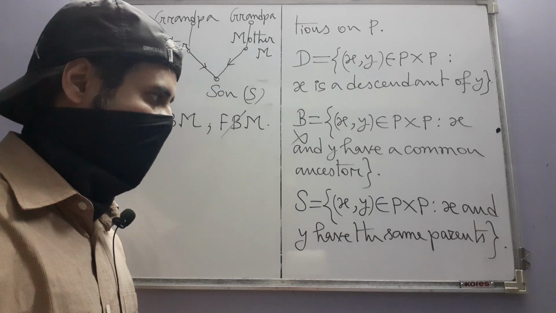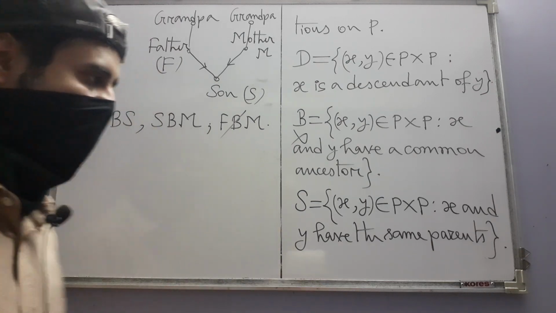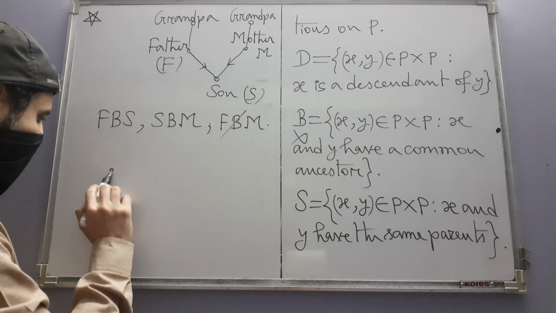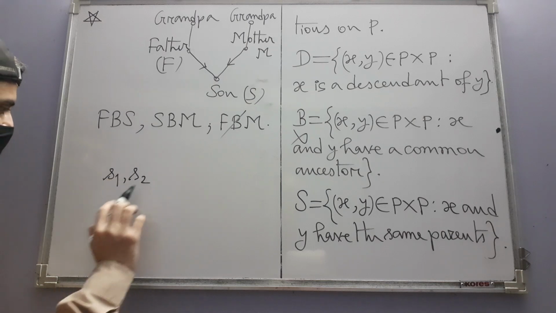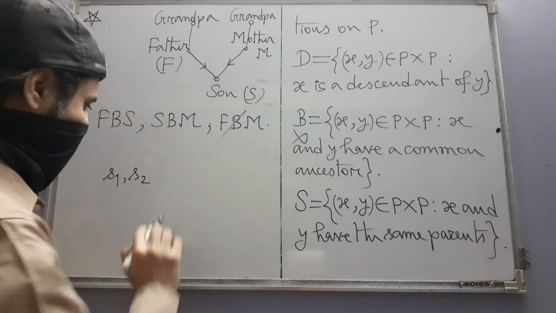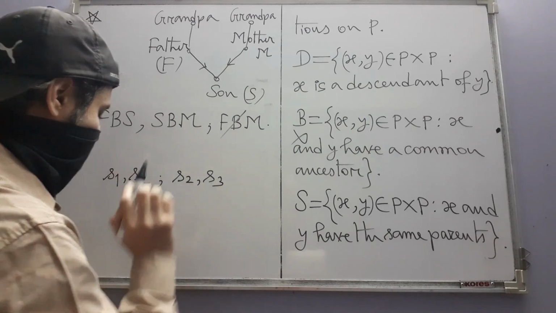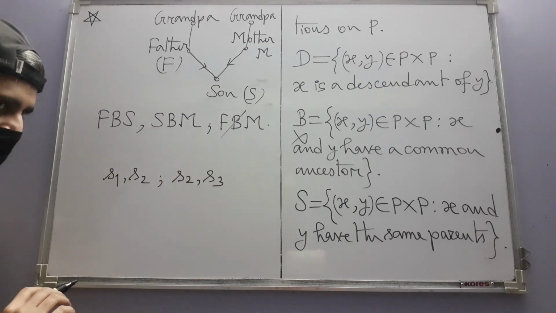Then if you look at the sibling relation, the sibling relation only satisfies transitivity. If you have two persons, say S1 and S2, and they are siblings, then they have the same father and same mother. If S2 and S3 are also siblings, they also have the same father and same mother.